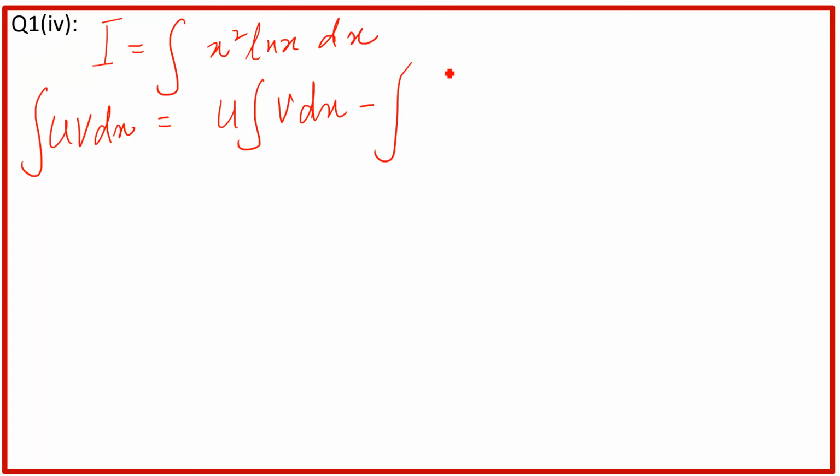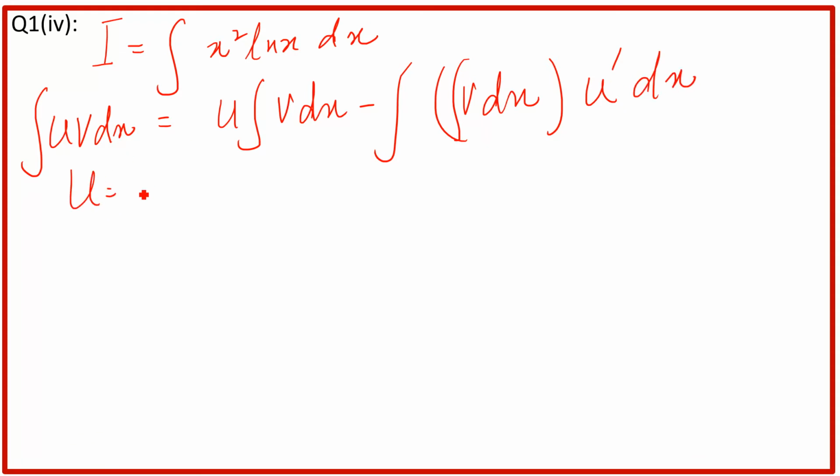So this is the formula which you have to use, and then u prime of dx. Here again we will consider u equal to natural log of x and v equal to x square.